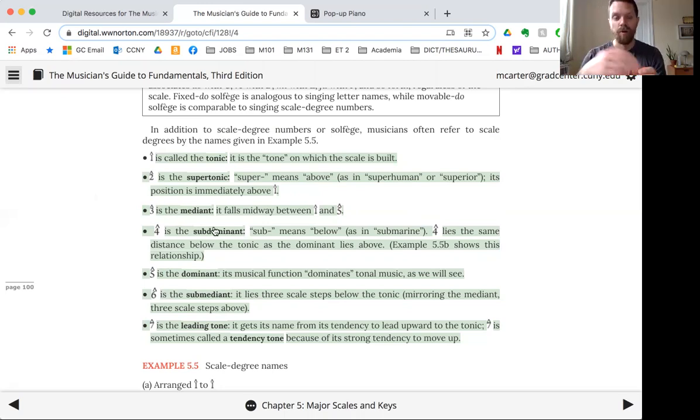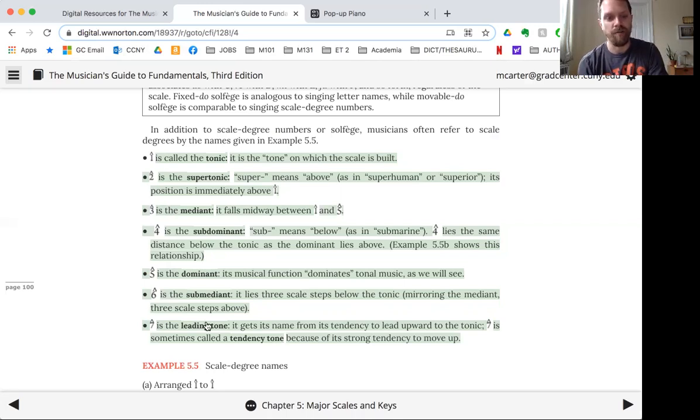Where super means above, sub means below. Subdominant, and then 5 is dominant. Submediant, it's 3 scale steps below the tonic. If any of these explanations help you, then go for it. I find it's easiest just to memorize these, make a couple flashcards, and you'll be fine.